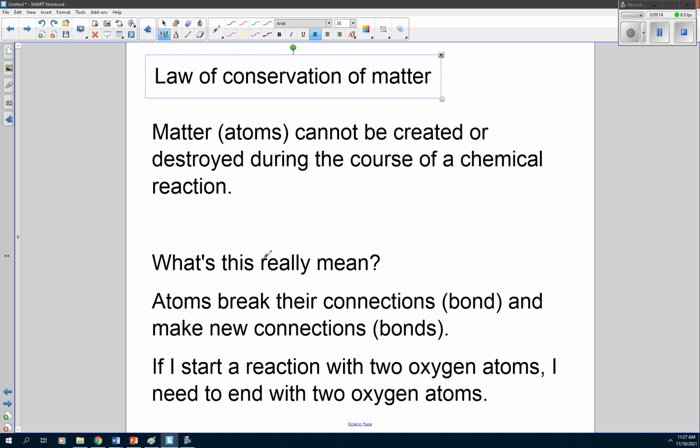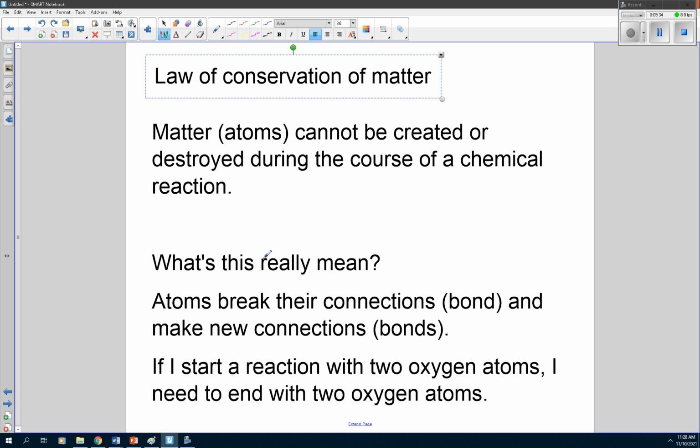And the basic idea is that in any chemical reaction, lighting a match, putting metal in acid, the rusting of metal, even something like cellular respiration or photosynthesis, any type of chemical reaction, matter cannot be destroyed.